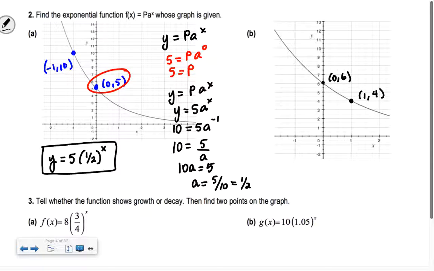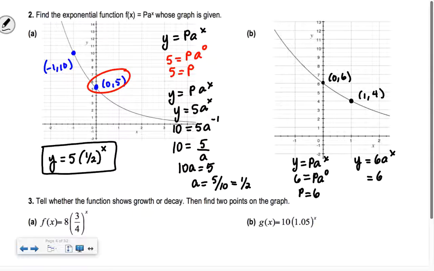So let's try it. Try it along with me. So if we start out with y equals p times a to the x, and we plug in the 0, that's how we get 6. So p is equal to 6. So if you just know that it's the y-intercept every time, that helps. So we have y equals 6 times a to the x.